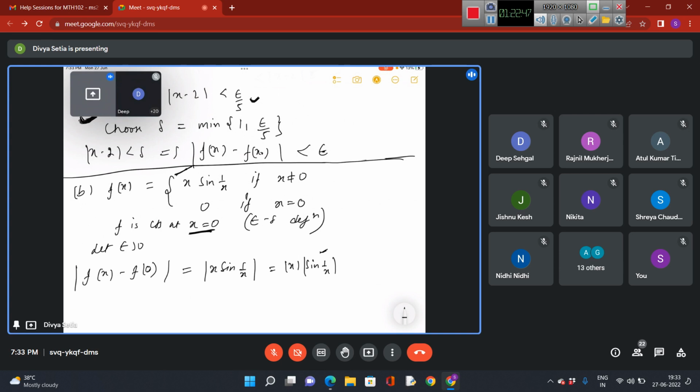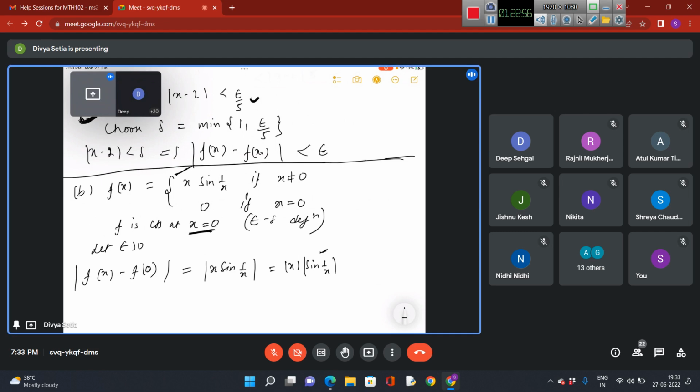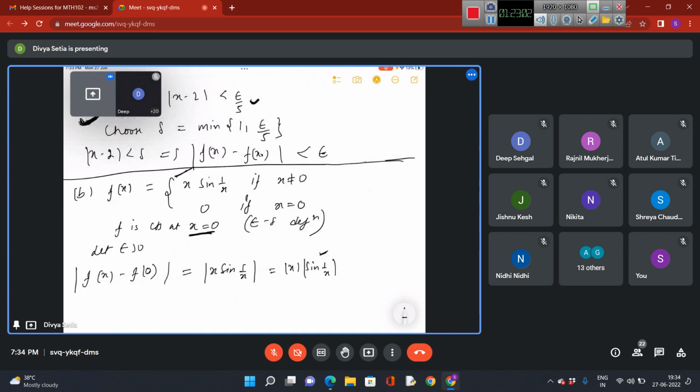What should be the idea? By saying that it lies between -1 and 1? No, this technique will not be applied here, because you are not just having x, you are having a trigonometric function. Make use of the trigonometric function.